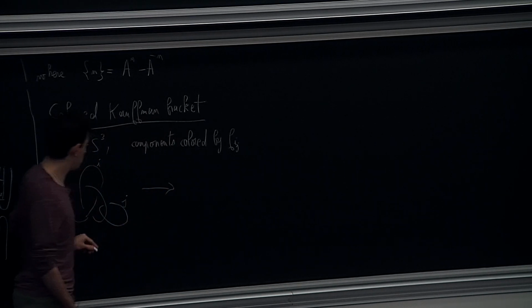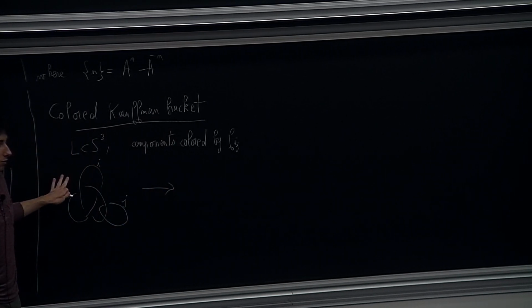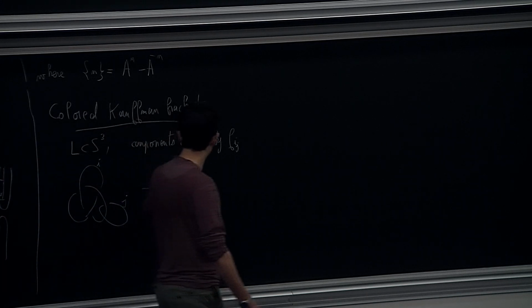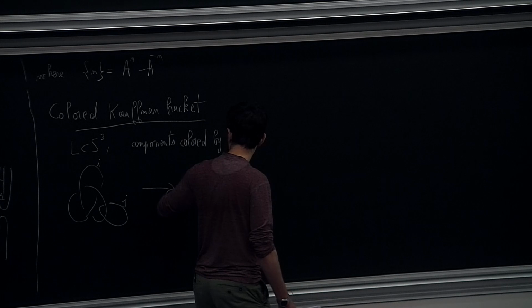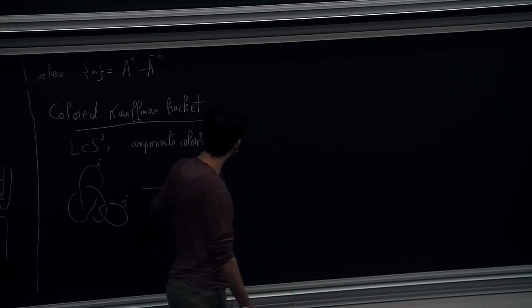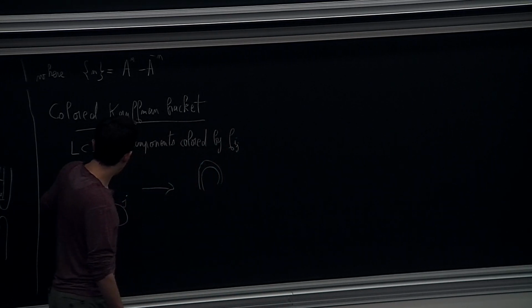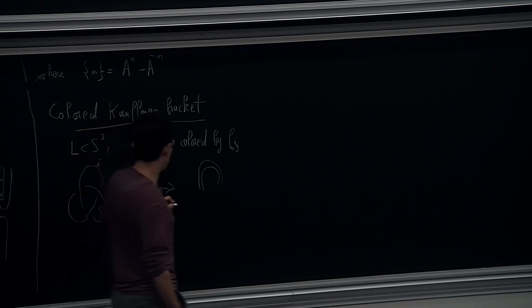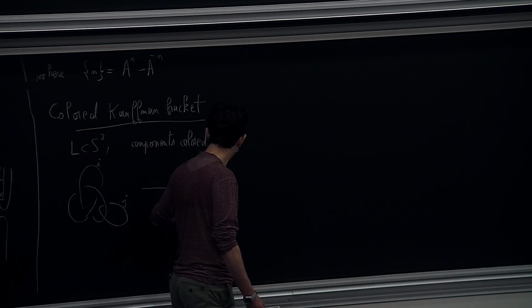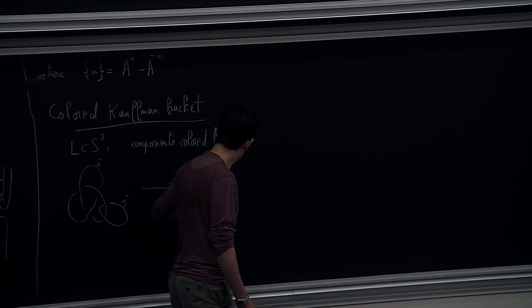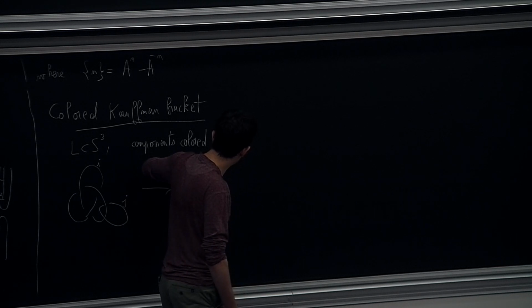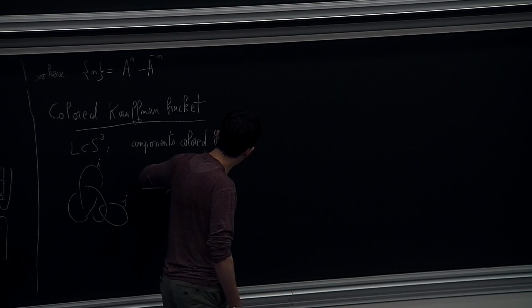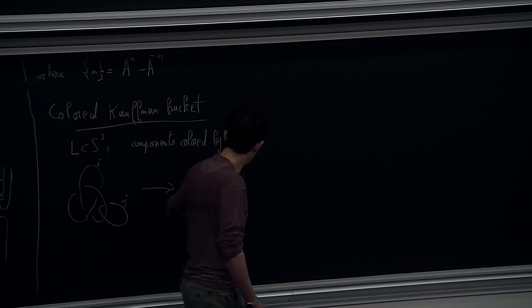This means that for my framed link, I replace the first component by, well, first I put an i-parallel cabling of this component, and I insert the ith Jones-Wenzl idempotent somewhere here, for example.